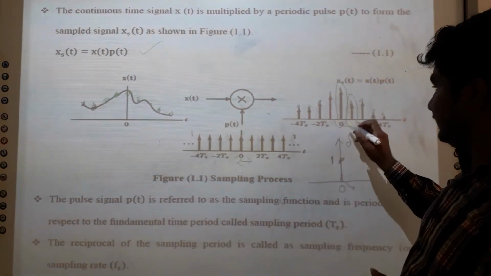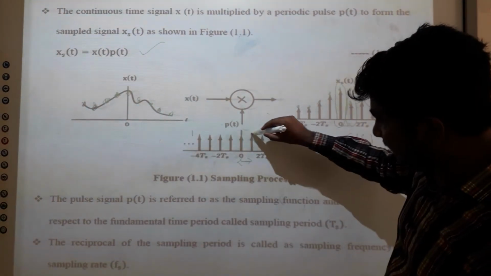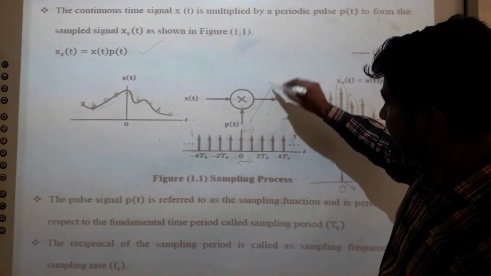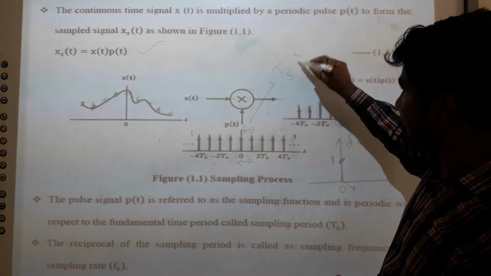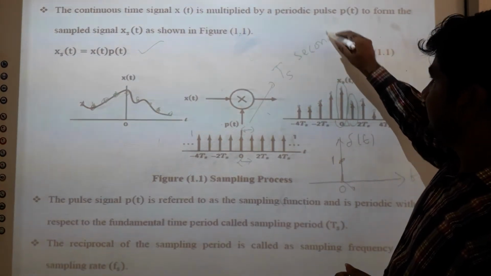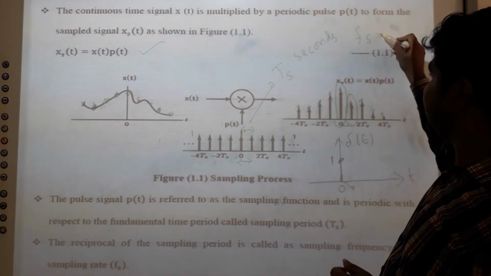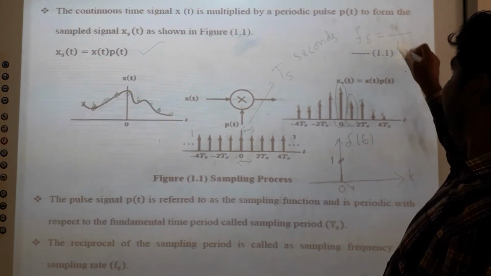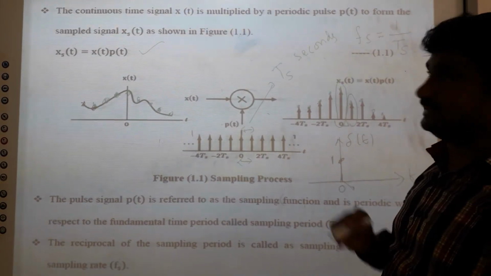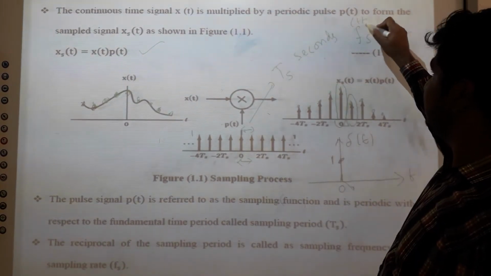So let the time period between these two samples be Ts seconds, then the sampling frequency Fs is equal to 1 divided by Ts. Fs is measured in hertz.